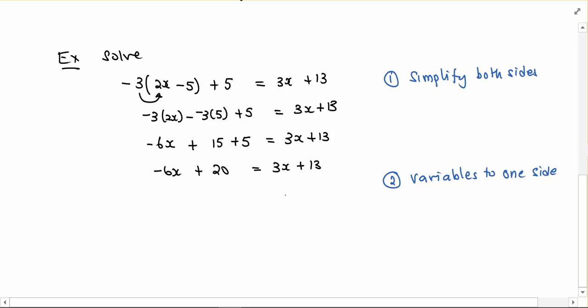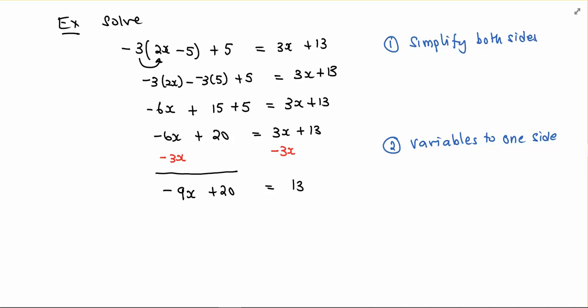So I'm going to subtract a 3x from the right. It's the same idea using the addition property: if I do something to one side and do the same exact thing to the other side, then the solution is unchanged. So since I subtracted 3x from the right, I'm going to subtract 3x from the left, and on the left side I get minus 9x plus 20 equals 13.